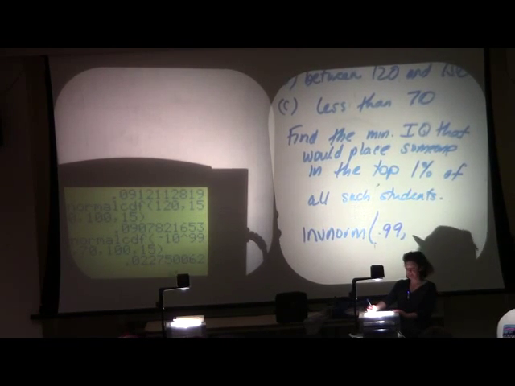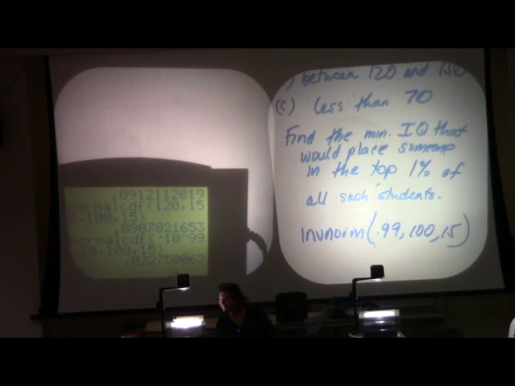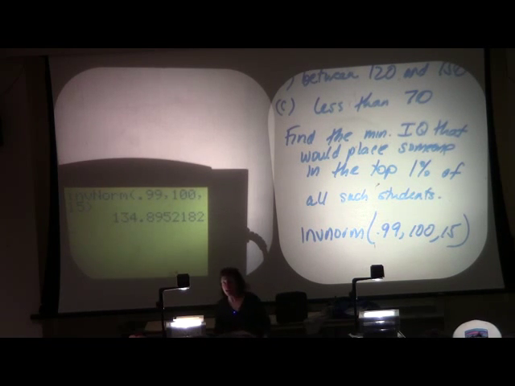Now what we do is just put a comma, and we put in our mean and our standard deviation. So, check it out. 0.99, comma 100, comma 15. Close it up. They need an IQ of about 135.